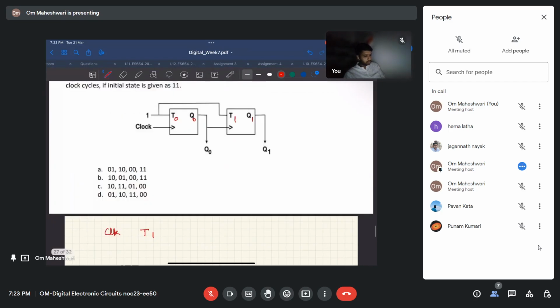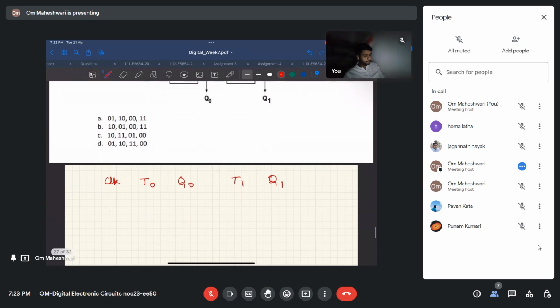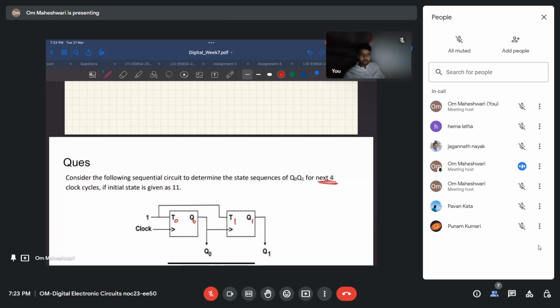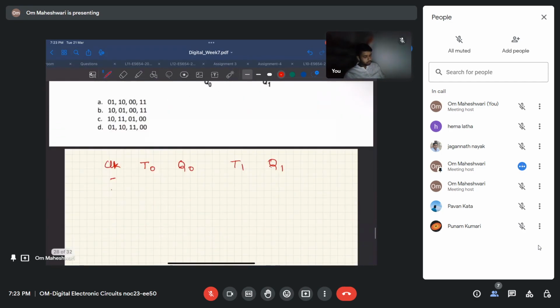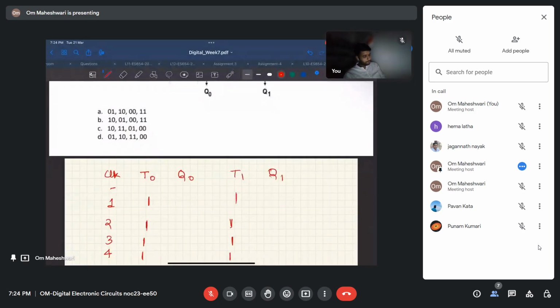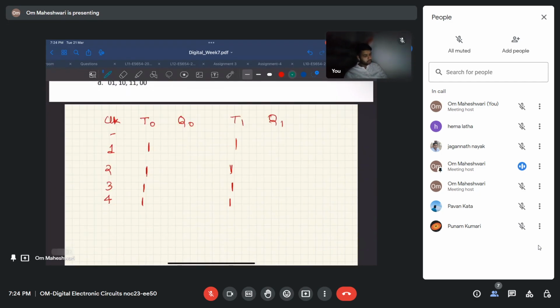For any clock, we need to find out the 4 clock cycles. So 1, 2, 3, 4. So T0 and T1 are always 1. And initially we know Q0, Q1 is 1, 1. So I'll write it as 1, 1.